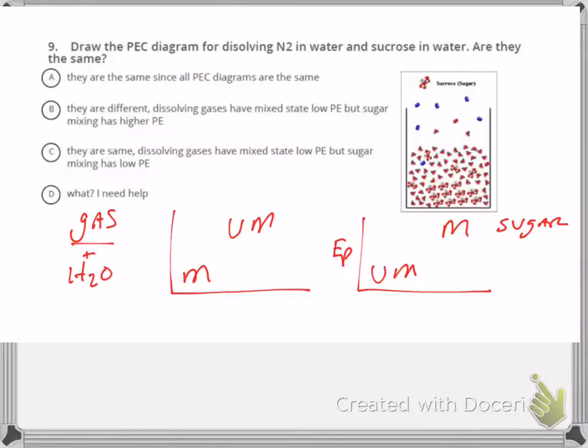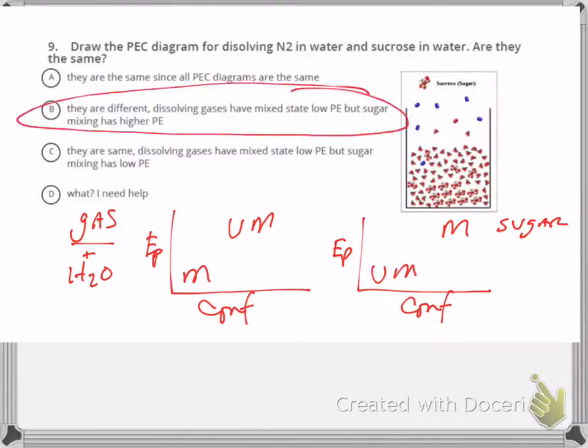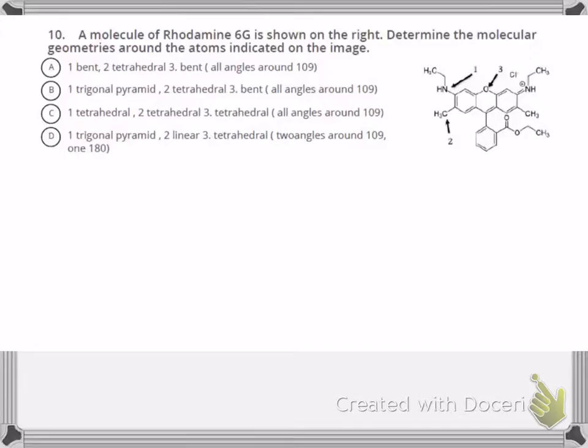Versus sugar, where our common experience is that you have to heat water up to dissolve more sugar. The mixed state, because it has hydrogen bonding just like water, has higher configurations. And so we see two different Peck diagrams and two different responses, which would be B.